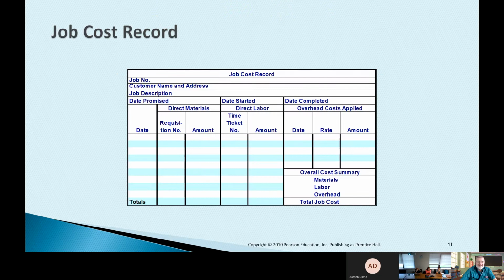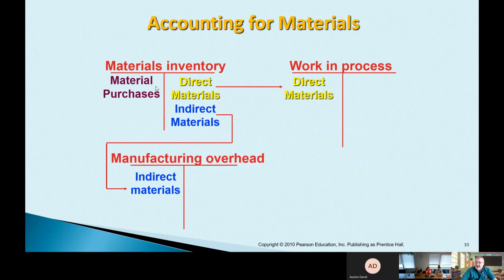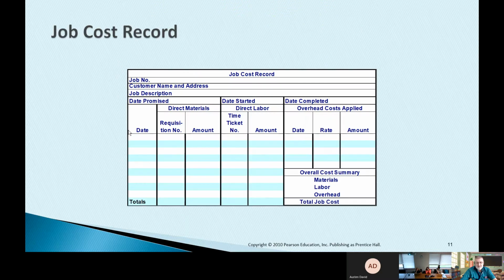Okay? This is something I need to introduce you guys to, but just more so that you understand what it's there. This is a job cost record. So if we have these materials that we purchased and we're going to move it along into the system, how do we keep track of it? Well, that's usually done in some kind of a record. So if this is materials for Dr. Bittner's yacht, okay, so this job cost record, we're going to say it's job, Bittner's yacht, or yacht 1, or whatever we wanted to call it, okay?